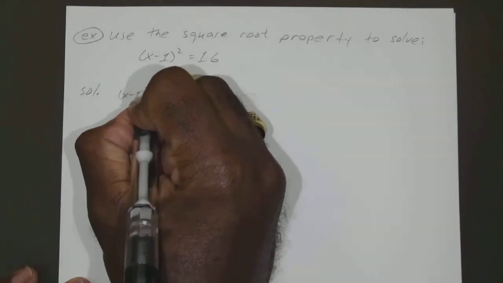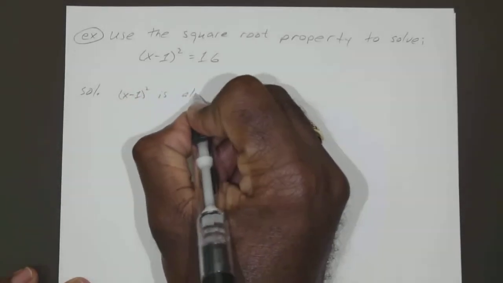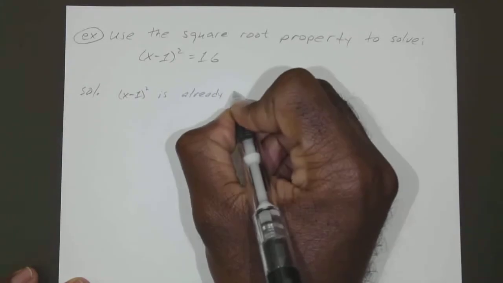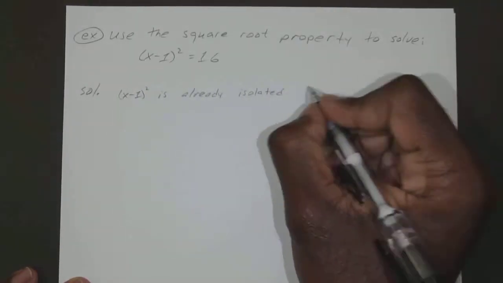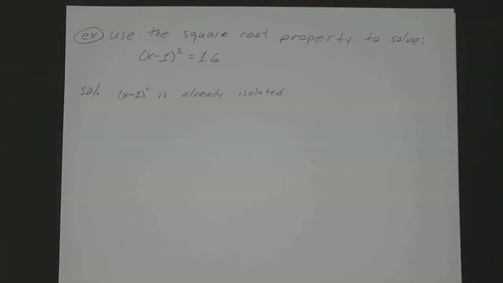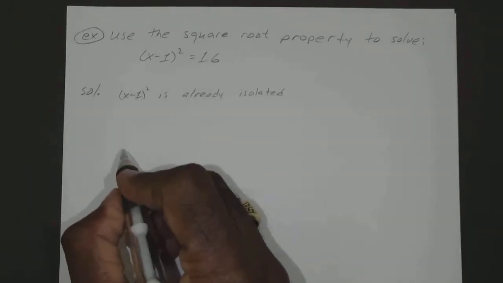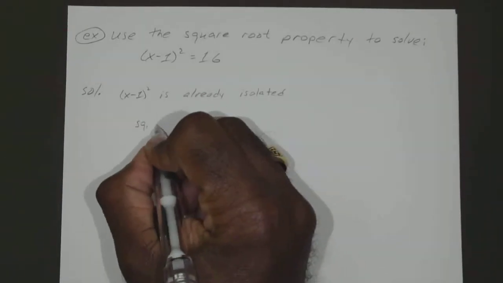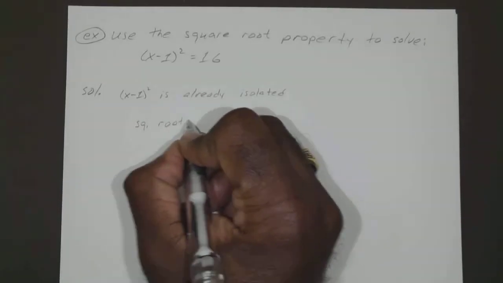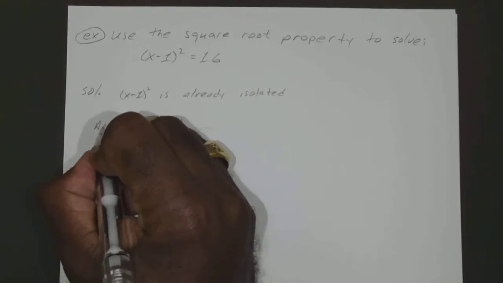And you'll see in future examples where sometimes it's not by itself and you have to make it by itself. But for this one, we don't have to worry about that. Okay. So we just square root both sides. We'll apply the square root property to both sides.